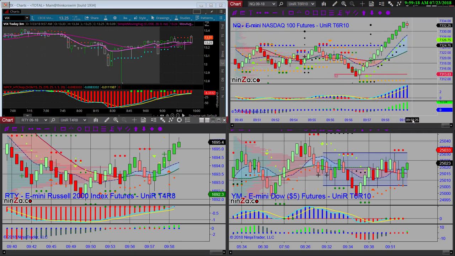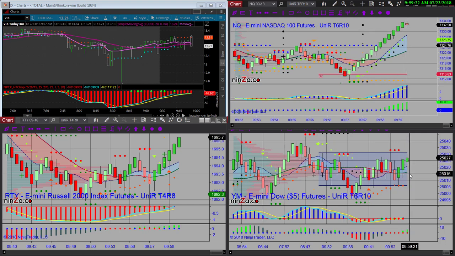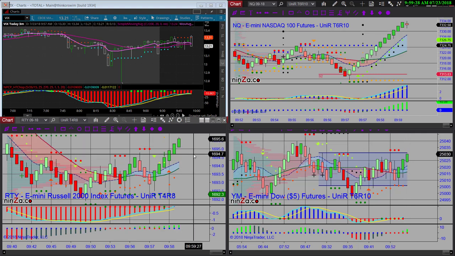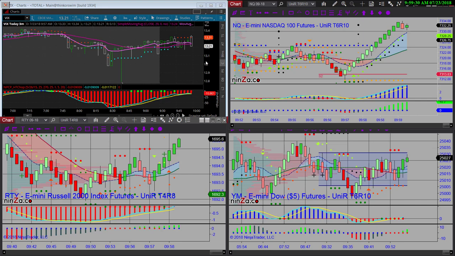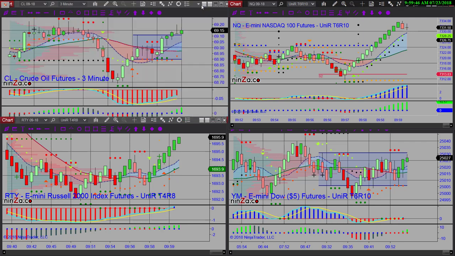Let me back off a little bit on this so you see there's no movement whatsoever in the Dow. We get a little bit of a reaction in the Russell, one of the weaker ones here, and not much in the VIX. The VIX is really going to be a Dow and ES indicator, but it does give me the indication that the pullback is happening, or should be happening, in those big ones.